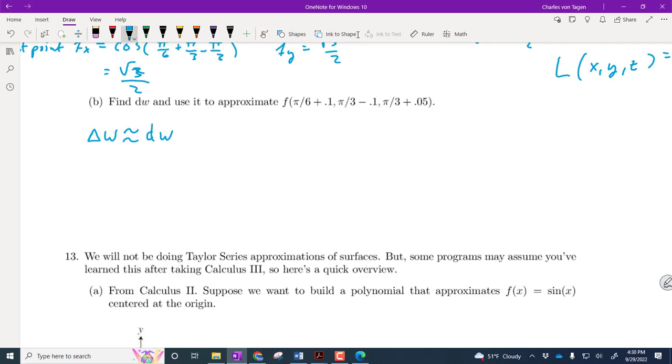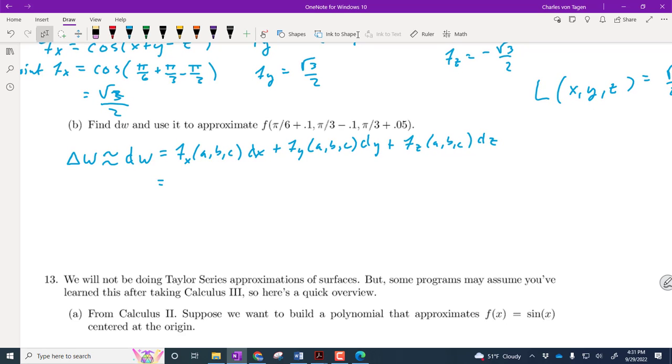And so we'll say that that is equal to, and I don't want to copy out the original point here, so I'll just put f sub x of ABC times differential x plus f sub y of ABC times differential y plus f sub z of ABC times differential z.